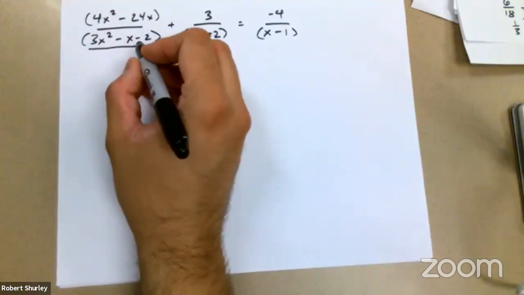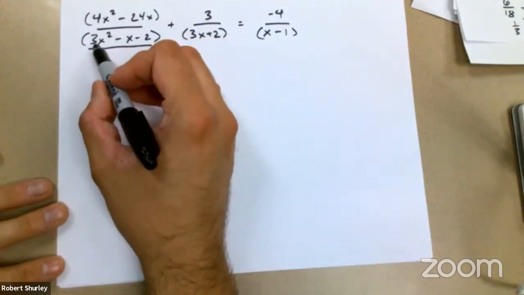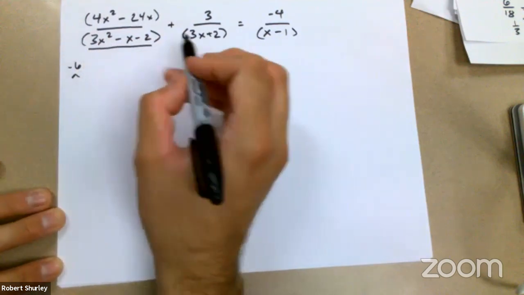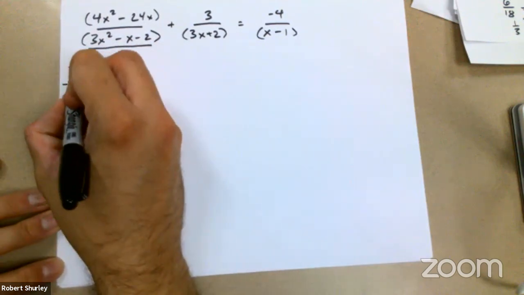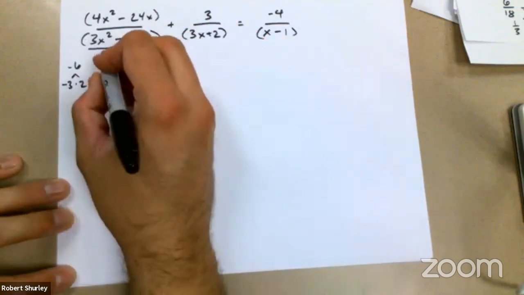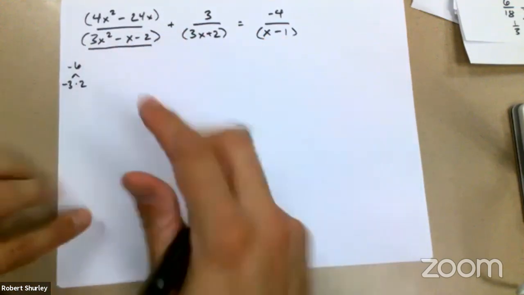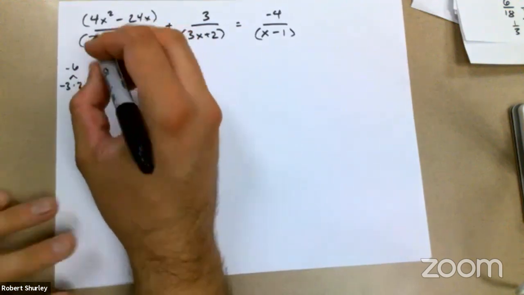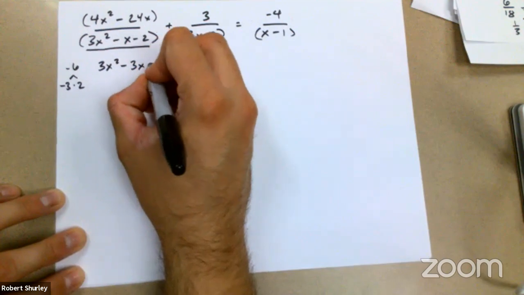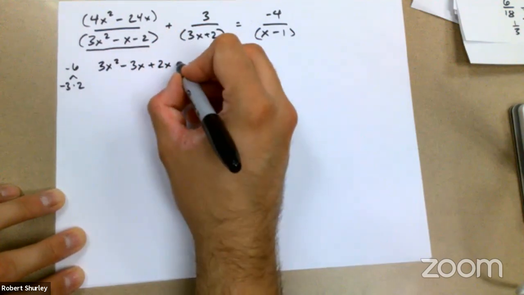So if I want to factor this, I like that AC method. So I'm going to do 3 times negative 2. That's negative 6. It's got to add up to negative 1. Well, that's going to be negative 3 times 2, right? That adds up to a negative 1. So I'm going to factor this, and then we'll put it back in the fraction, okay? So I'll wind up with 3x squared minus 3x plus 2x minus 2.